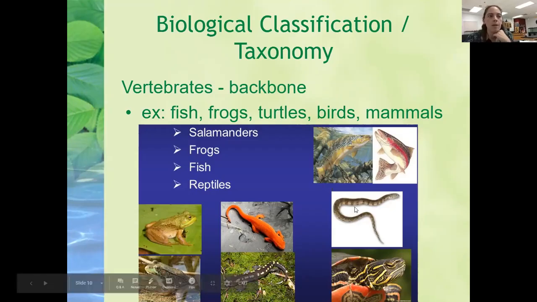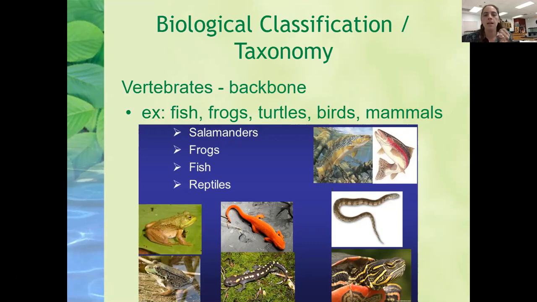As far as reptiles go, there are water snakes, turtles are very common in our freshwater habitats, as well as birds and mammals like beavers and otters. All things we can find in freshwater habitats that are all vertebrates, meaning they all have a backbone.